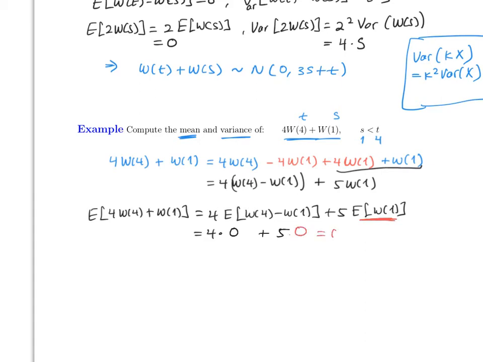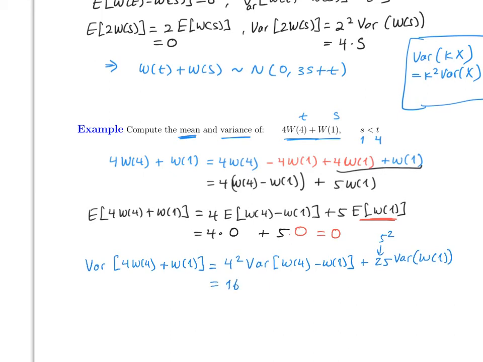So the answer to the expected value is 0. Alright, what about the variance? So the variance of 4W4 plus W1 is the same thing as 4 squared times the variance of W4 minus W1, plus 25, or 5 squared, times the variance of W1.